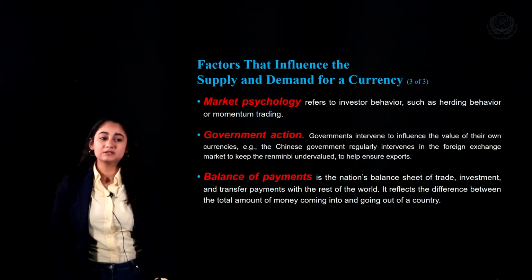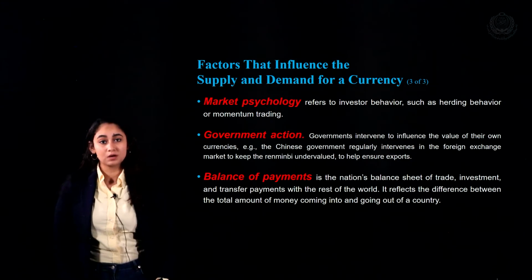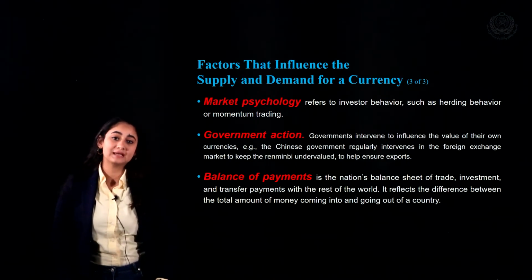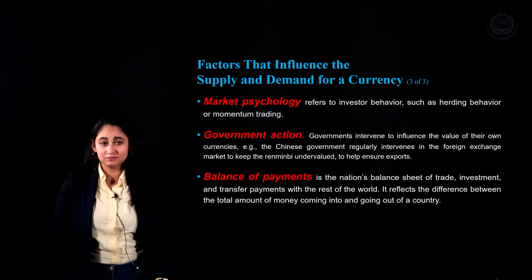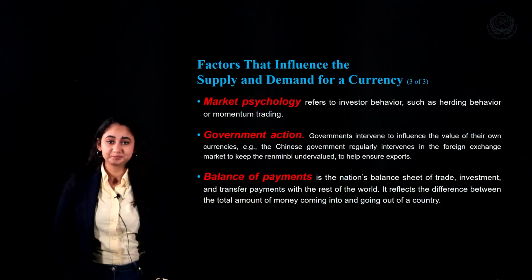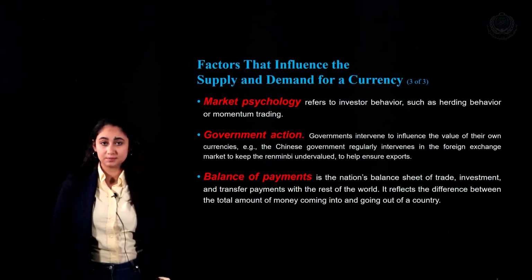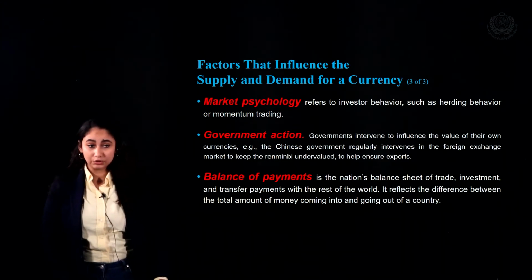Some might just follow what is happening with other investors. So if people are pulling out of a certain market, they might just follow them, and this is called herding behavior. Or they might be trading in certain commodities or industries because this is what's in trend right now. Therefore, market psychology highly impacts the supply and demand for certain currencies.